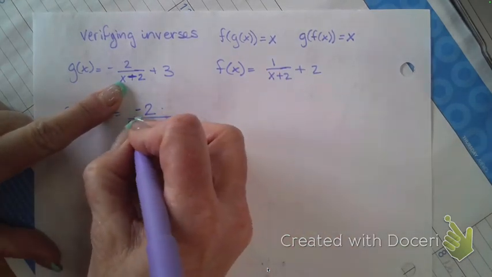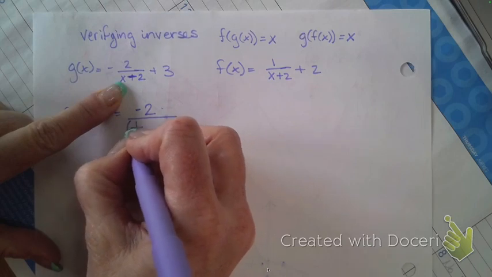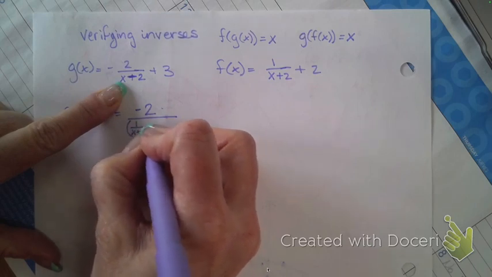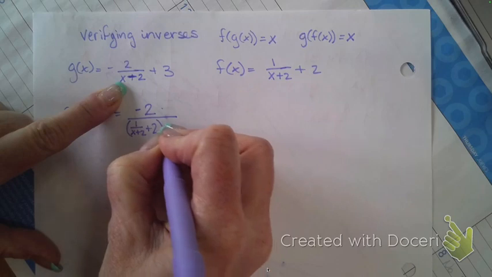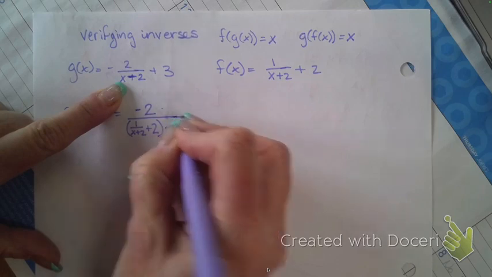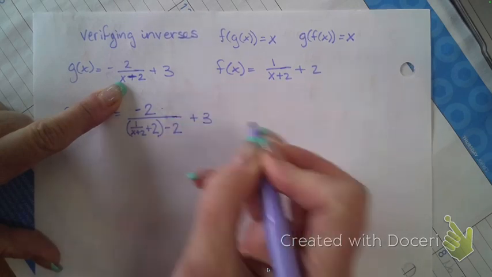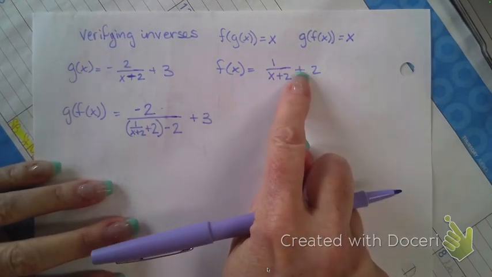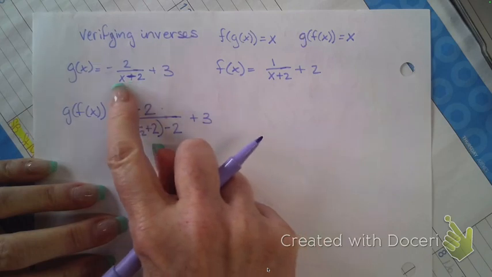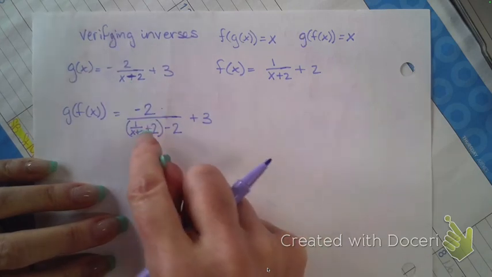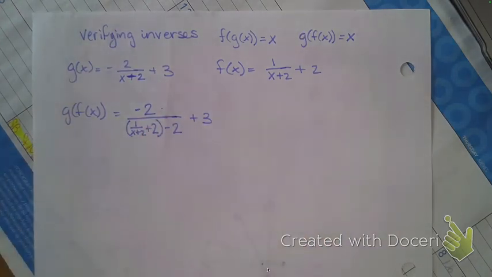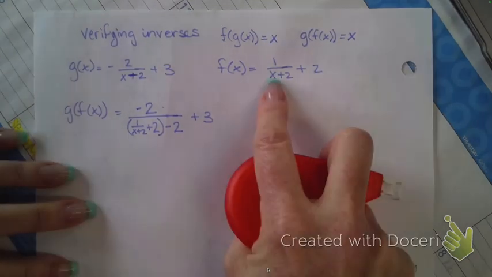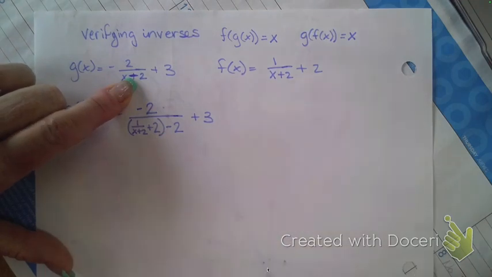So 1 over x plus 2 plus 2 minus 2 plus 3. Now stop and look. This whole f replaced what? That 1x. And that is not supposed to be a plus 2. It's supposed to be a what? Minus. Oh, no, that's a plus. That's a minus. Sorry, I did it right.